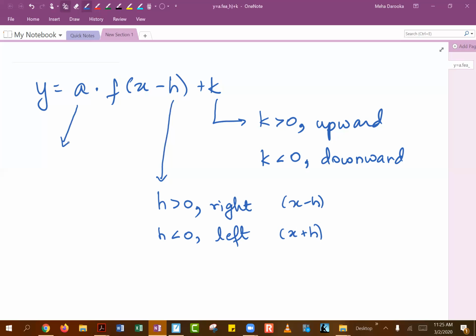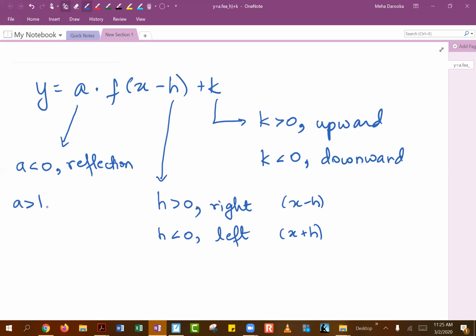This a value here, if you actually have a negative sign on a, you are actually going to see a reflection of your graph with respect to the x-axis, which means it reflects.